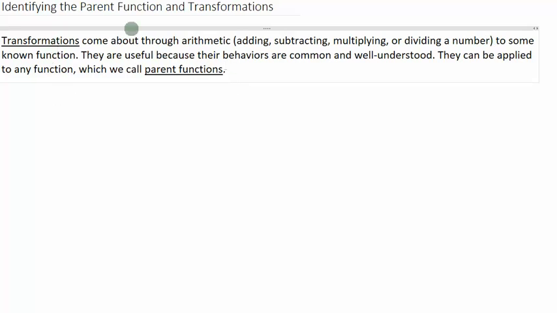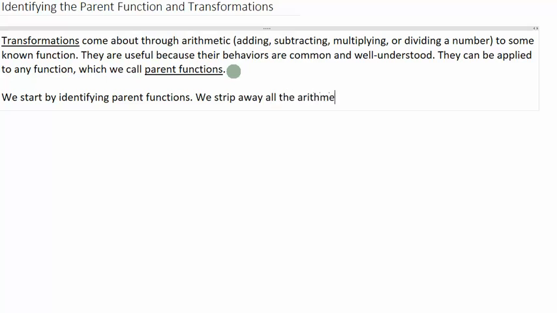So that's what we're going to practice here. We're going to start by practicing with parent functions. We start by identifying parent functions. And the way we do that is we strip away all the arithmetic to leave behind one higher order operation on just x.